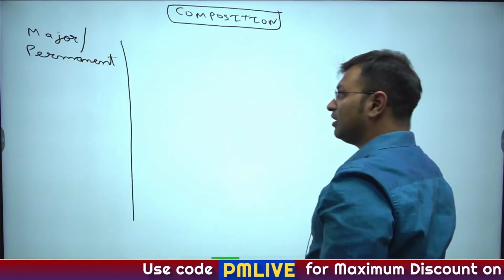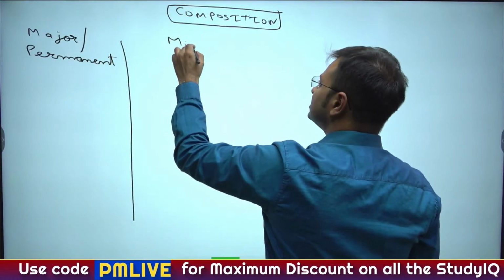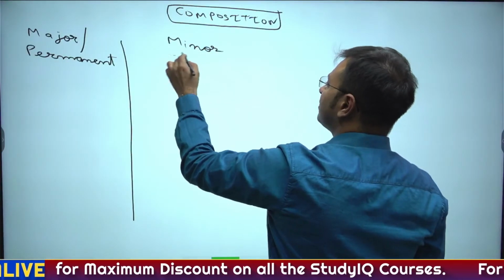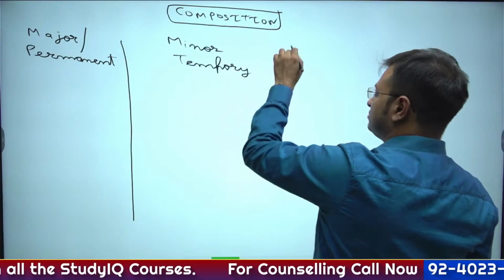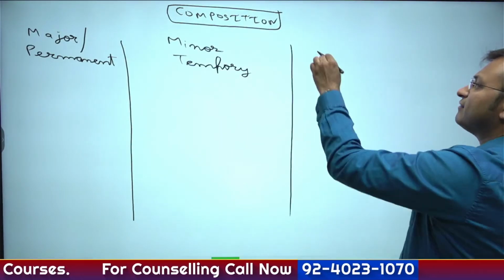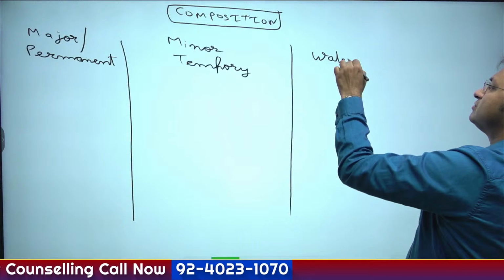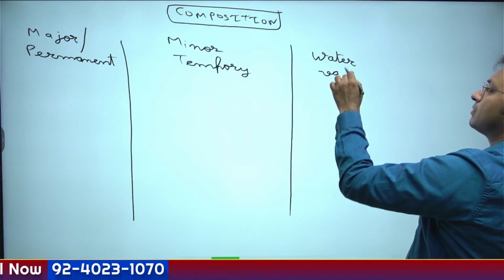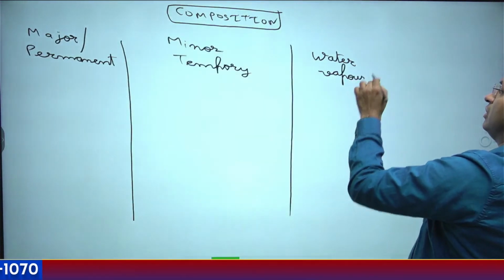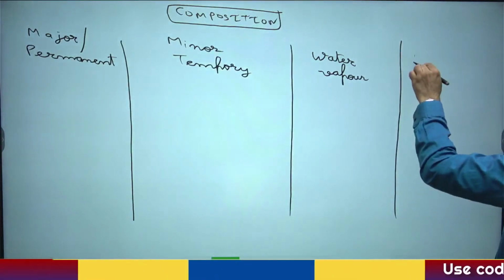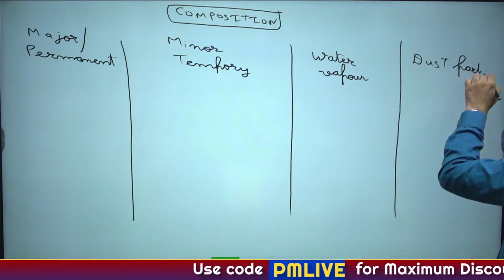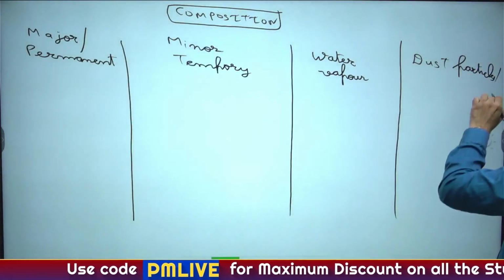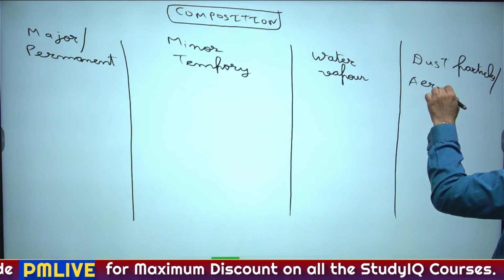Number two, we have the minor gases, also referred to as the temporary gases. Then we also have water vapor, and dust particles, or basically the aerosols.